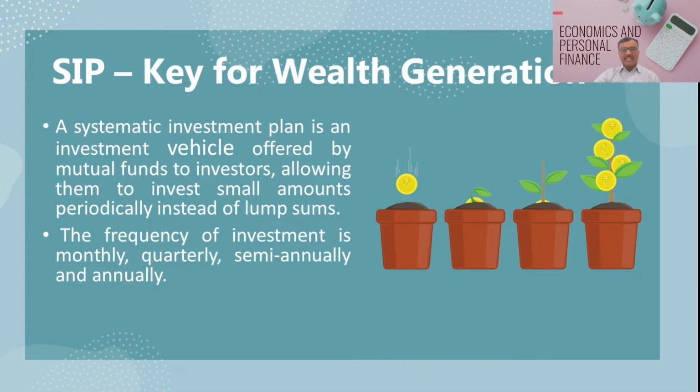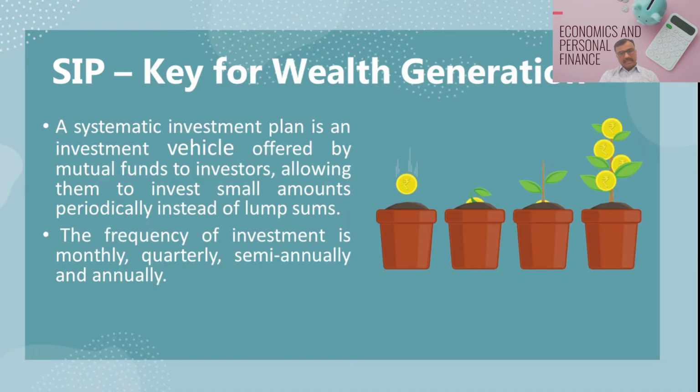So you can start a SIP with just 500 rupees. SIP offers flexibility when it comes to the frequency of investment. Investors can choose to contribute on a monthly, quarterly, semi-annual, or annual basis, depending upon their financial circumstances and preferences. This frequency can be tailored to align with investors' income flow and financial goals.